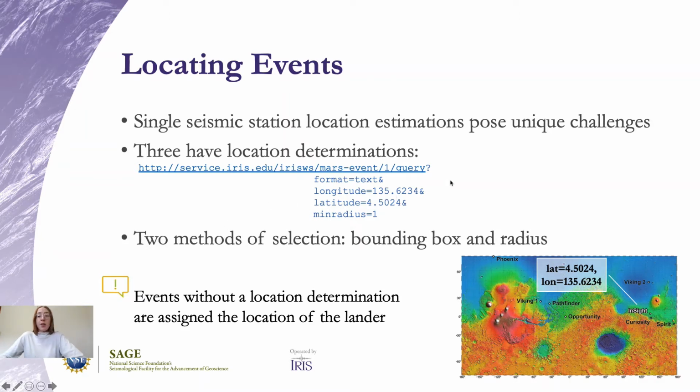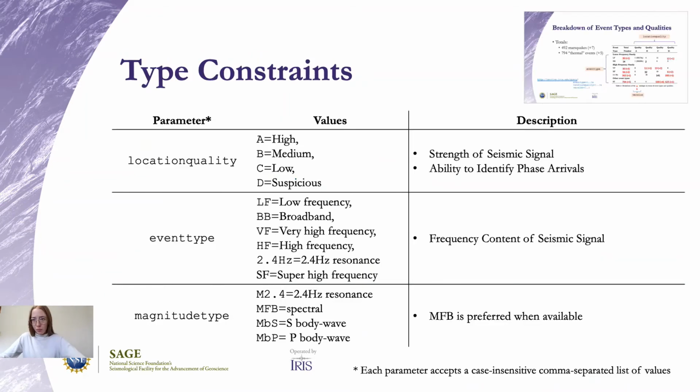In order to find the events with a location, you can use the bounding radius method of location selection provided by the service and set the latitude and longitude equal to the location of the lander and the min radius to 1, meaning you'll select all events outside of that.